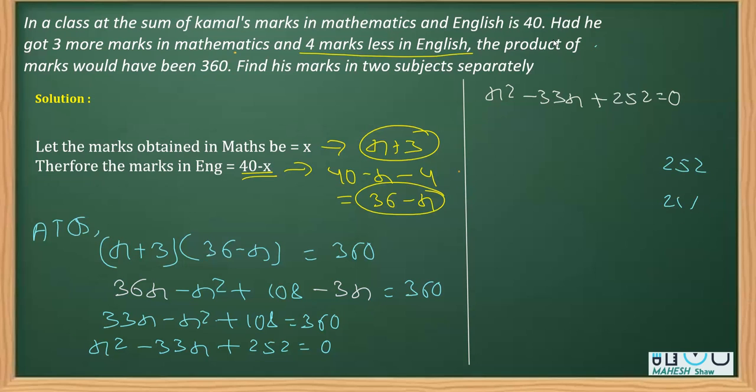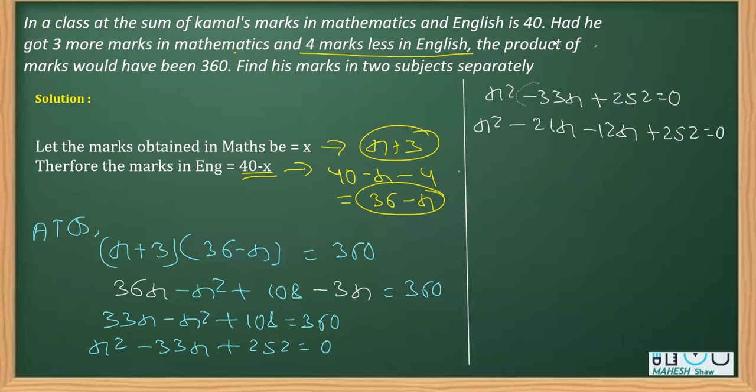I may show the working. If I factorize, 2 times 2 times 63, with 3 it's 21, that's 12, and this is 21. So we need minus, so make sure that you're writing in minus. So this is x squared minus 21x minus 12x plus 252 equal to 0.